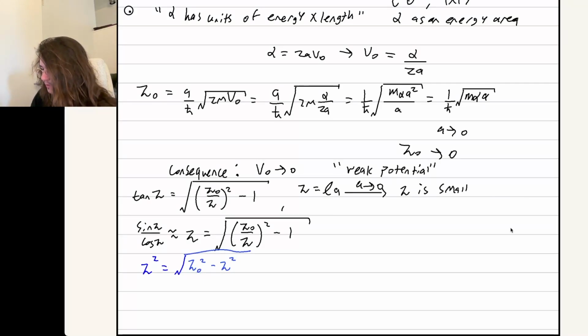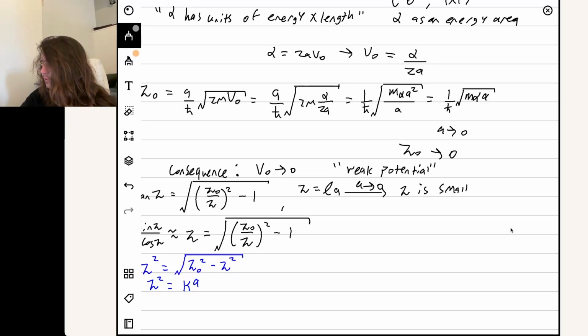But remembering that this is just the definition of kappa a back in Griffiths, we can say that's kappa a, and that's pretty useful for us.